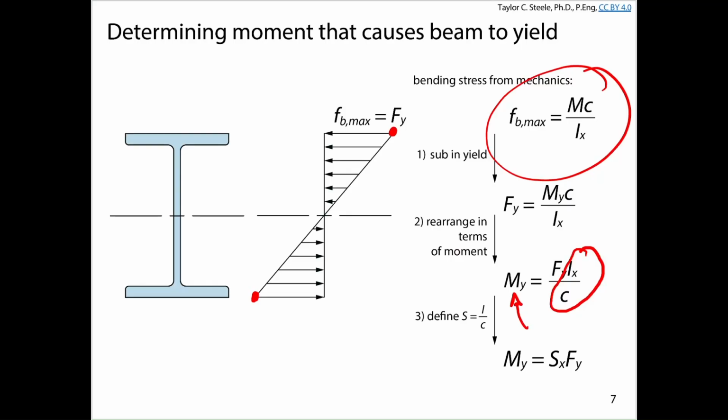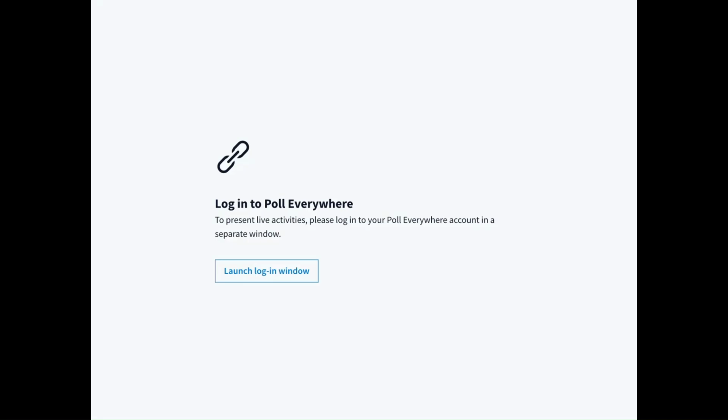Are there any questions about that concept before we continue on? Okay, so this is one moment, right? We'd say, okay, well, if we don't want our beam to yield, we'll probably want to make sure that the moment on the beam doesn't exceed Sx Fy, which gives us the moment that causes the beam to start to yield.